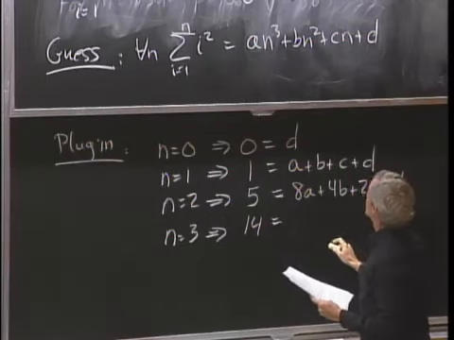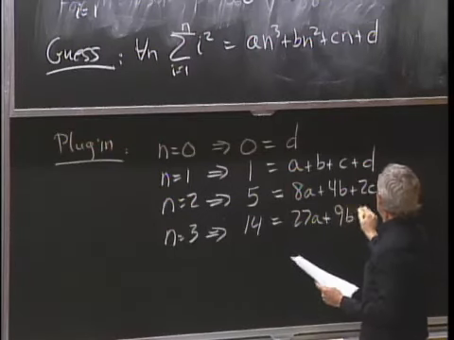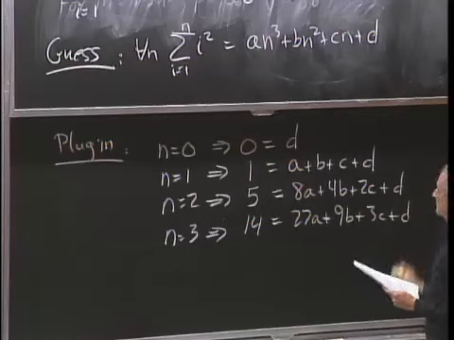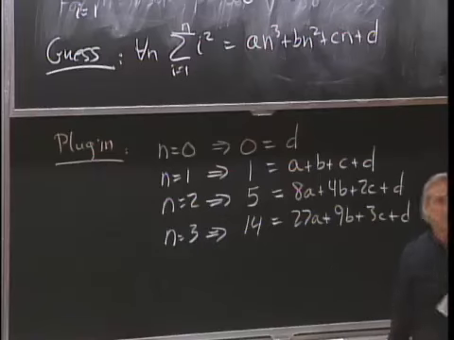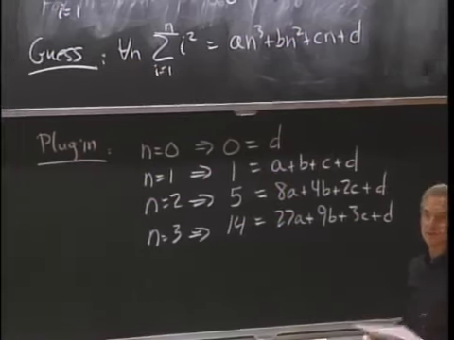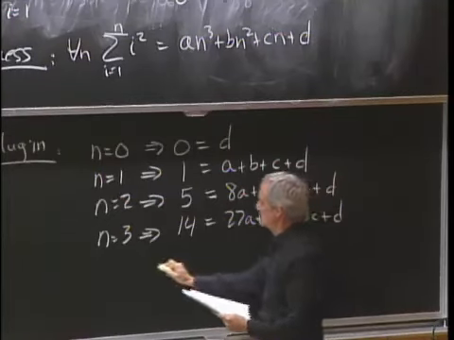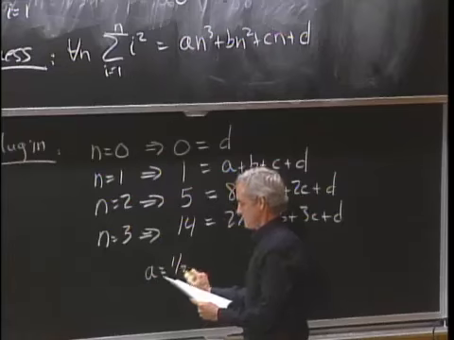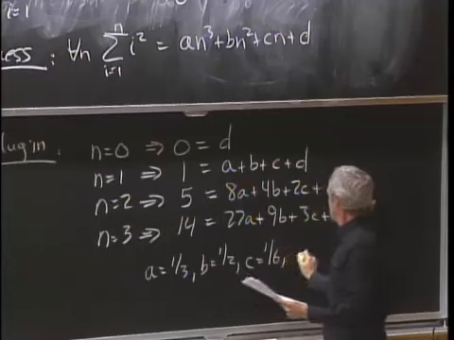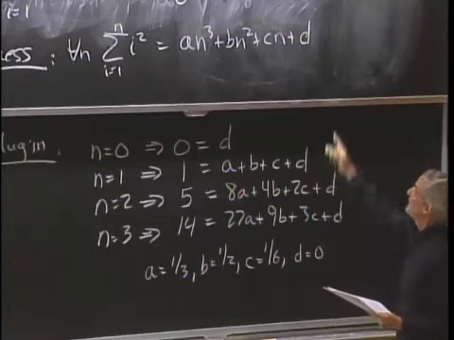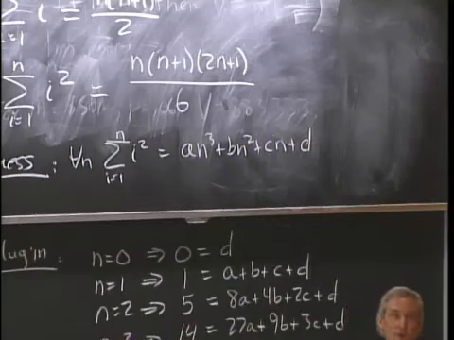I've now got 3 cubed is 27a plus 9b plus 3c plus d. So now I got 4 equations and 4 variables. And with any luck, I can solve that system of equations and get the answer. And in fact, you can. When you solve this system, you get a equals 1/3, b equals 1/2, c equals 1/6, and d equals 0. And that's exactly what you get in that formula. So that's a way to reproduce the formula if you forgot it.